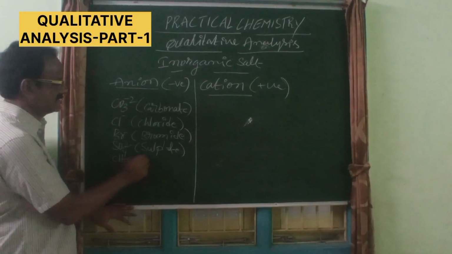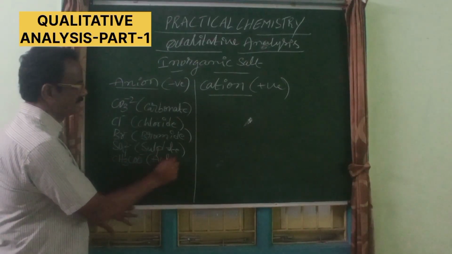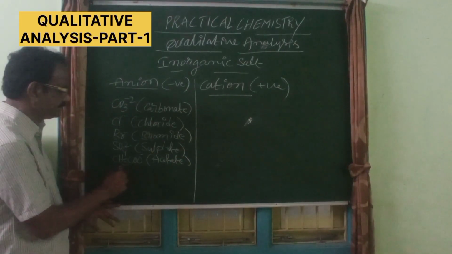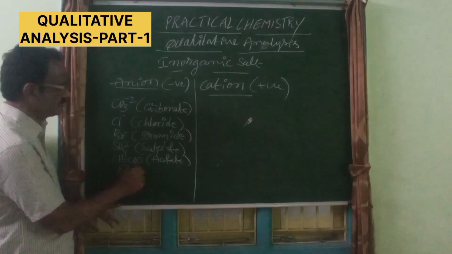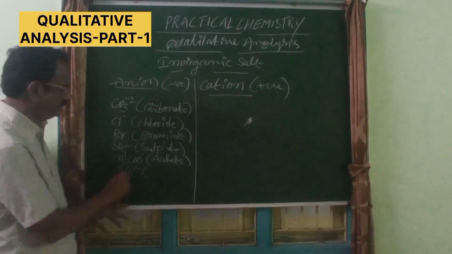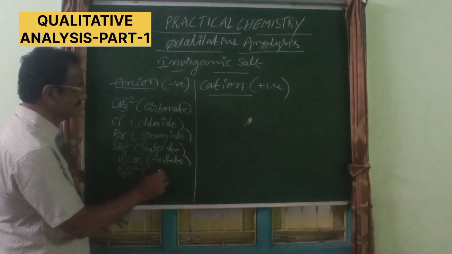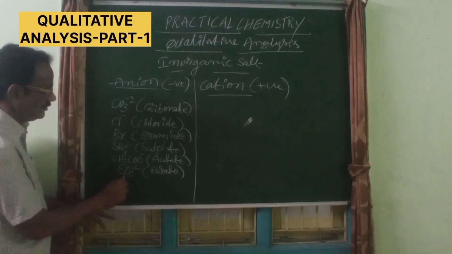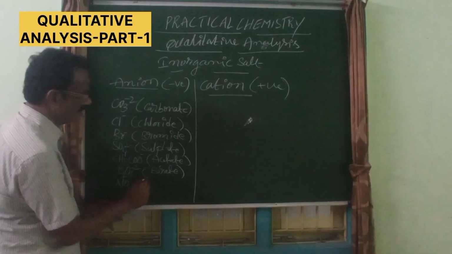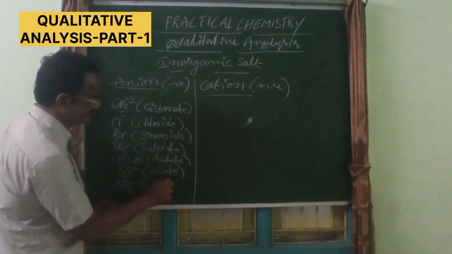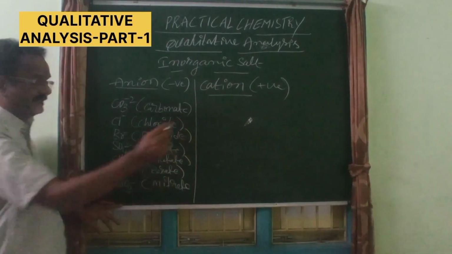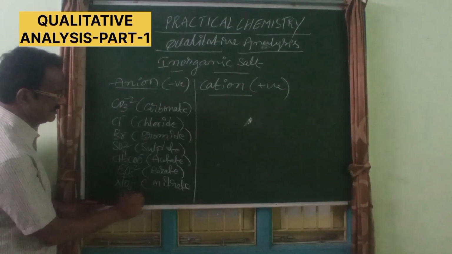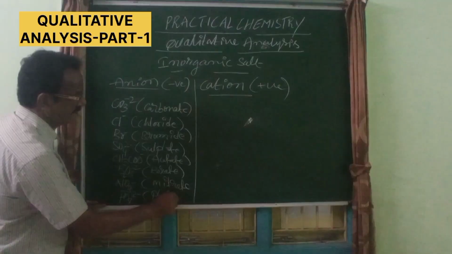CH3COO minus, this is called acetate. BO3 3 minus, this is called borate. NO3 minus, this is called nitrate. And in addition to that, phosphate is there. PO4 3 minus, this is called phosphate.